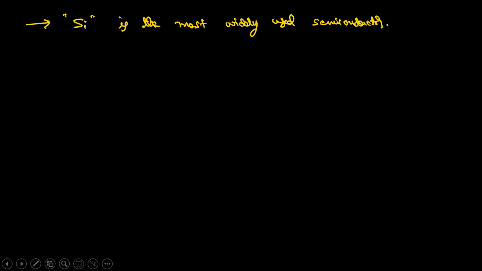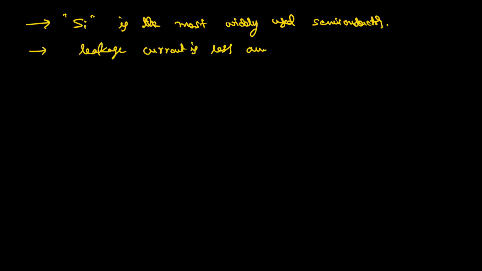Just now I explained that the best semiconductors are silicon and germanium. The most widely used semiconductor is silicon. Compared to germanium, silicon has very less leakage current and is thermally more stable.